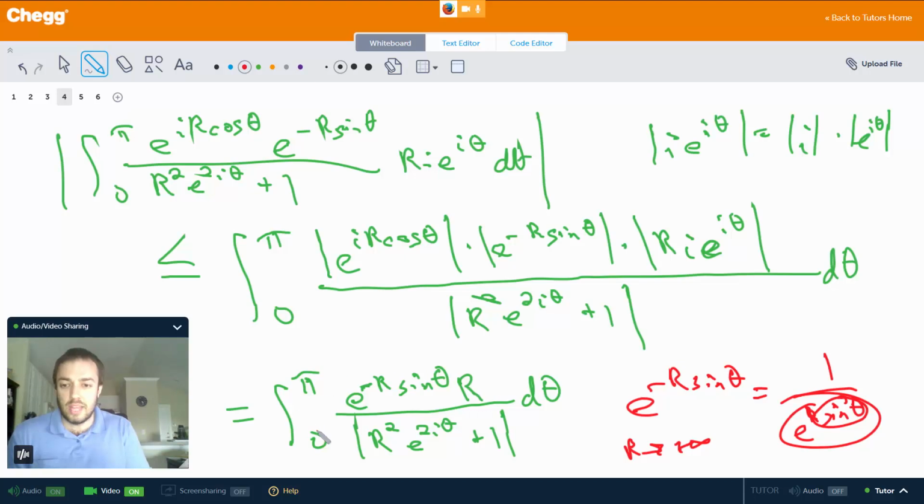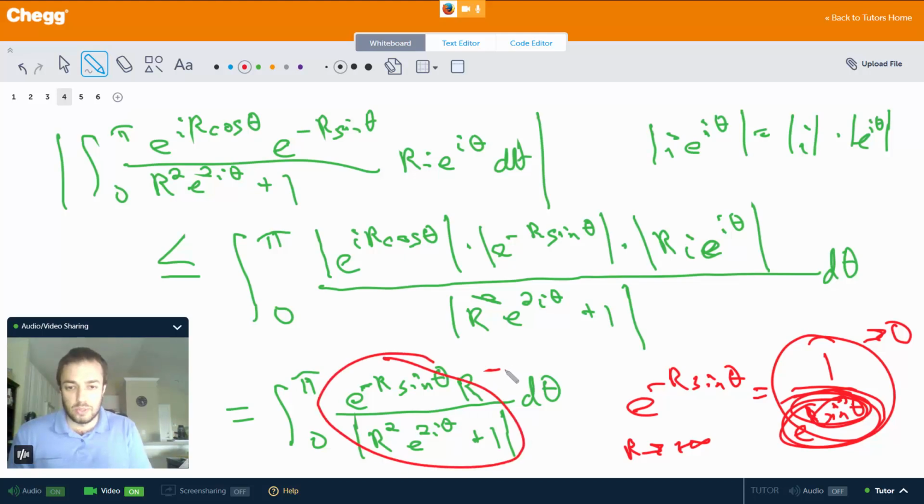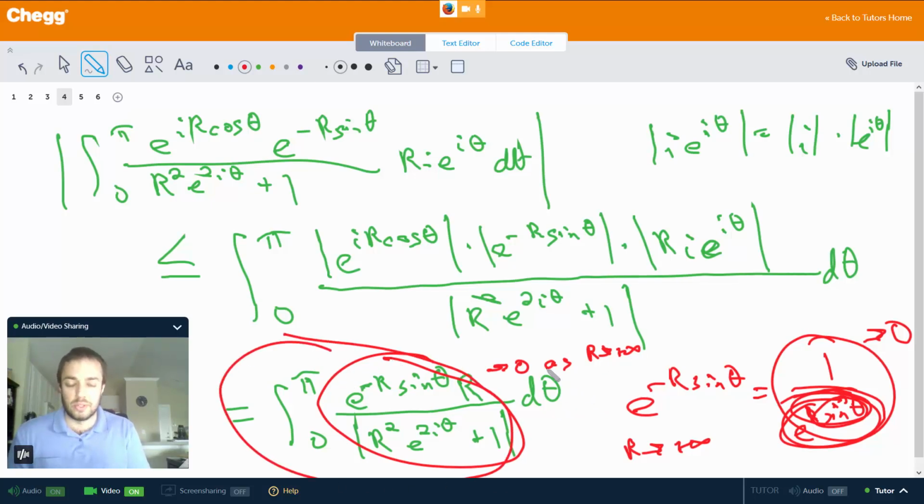Okay, so again, theta goes from 0 to pi, which means sine of theta is always positive, which means r times the sine of theta is always going to be something positive. And as r shoots off to positive infinity, r sine of theta gets really huge, which means e to the r sine of theta gets even more huge, much more rapidly, which means this entire thing actually approaches 0. So everything in here approaches 0 as r goes to infinity, which means the entire integral actually approaches 0 as r goes to infinity.